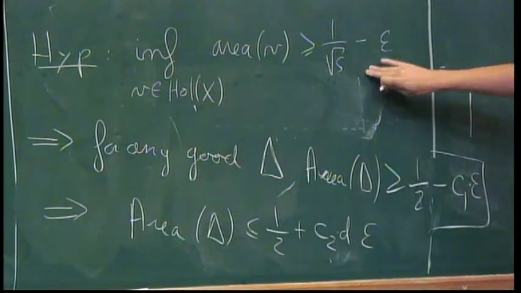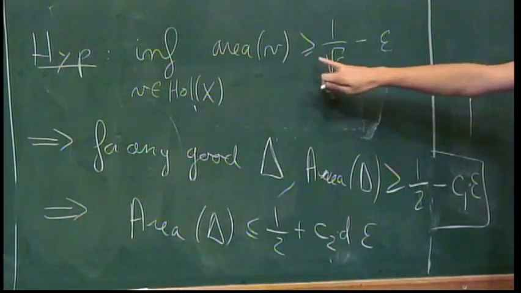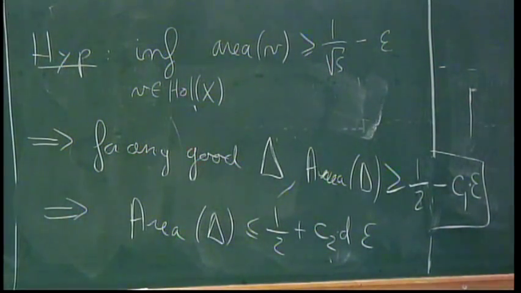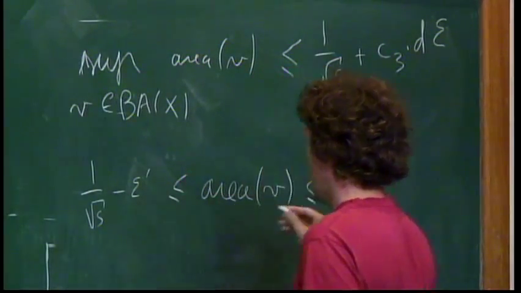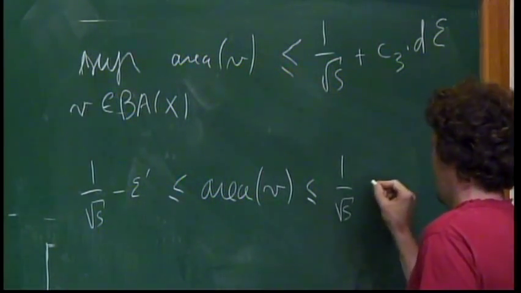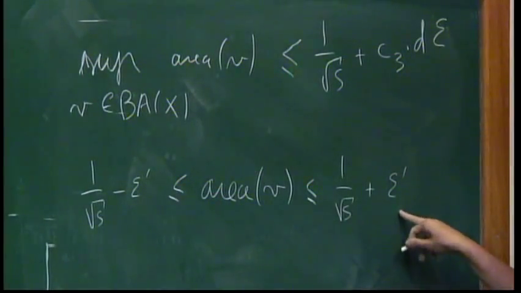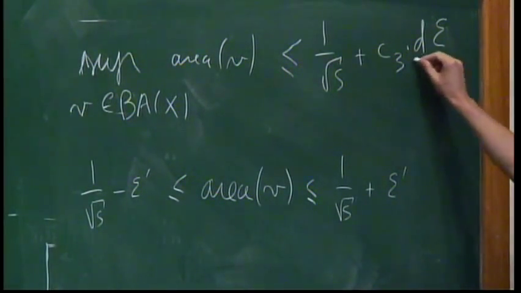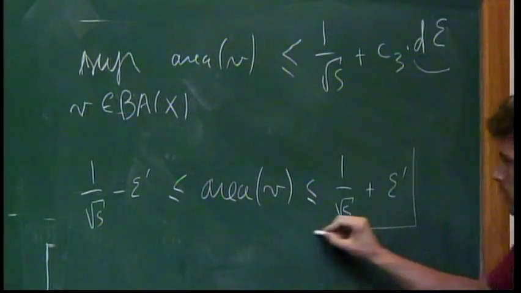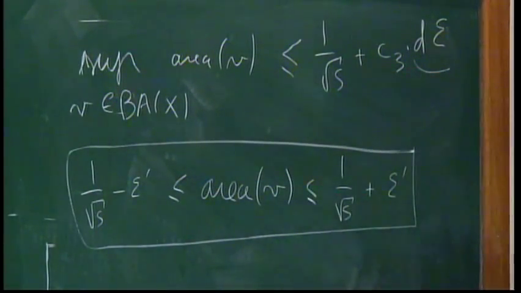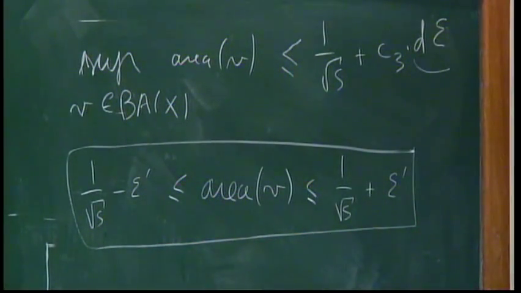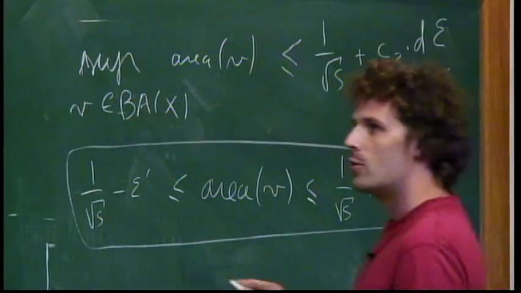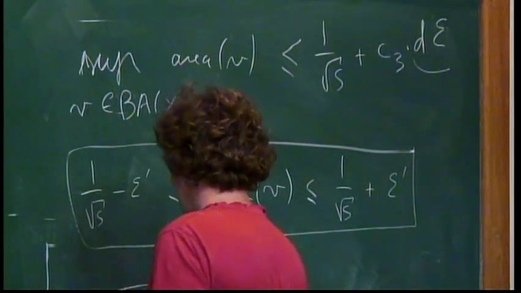And so what is important is that just from a hypothesis that I was far away from square root of 5, I know that for any good V, I am in between 1 over square root of 5 plus or minus epsilon prime. This epsilon prime is roughly the size of D epsilon. And now, from such a hypothesis, you want to prove that your surface is exactly 1 over square root of 5. And the way you do this is using an induction, just finishing by citing Sébastien.